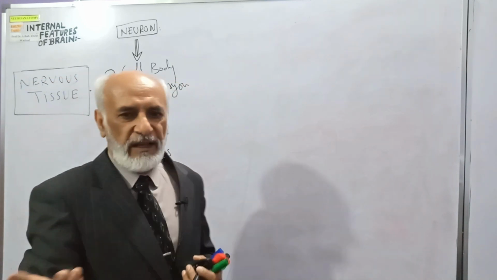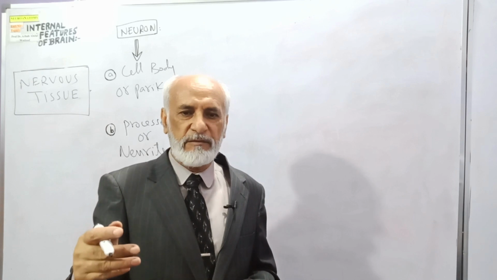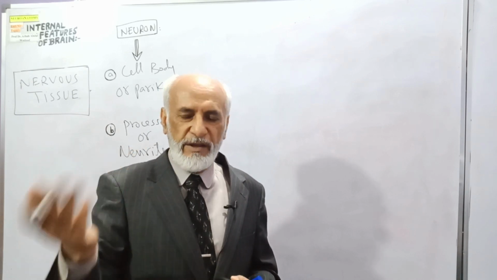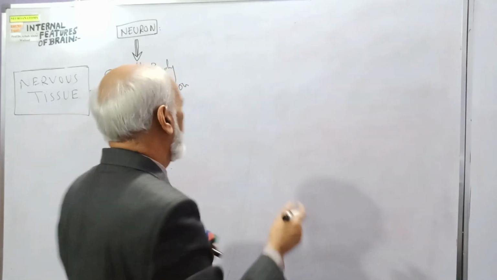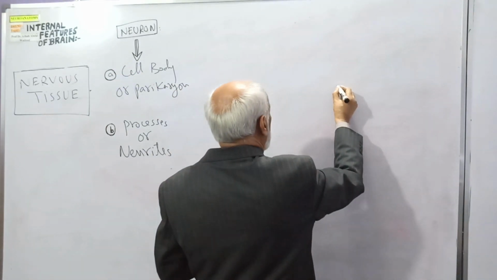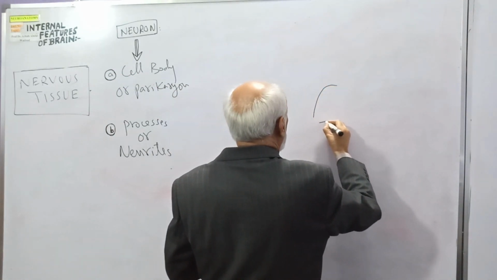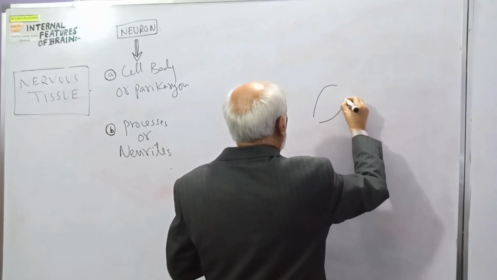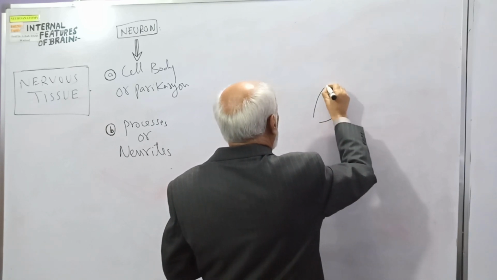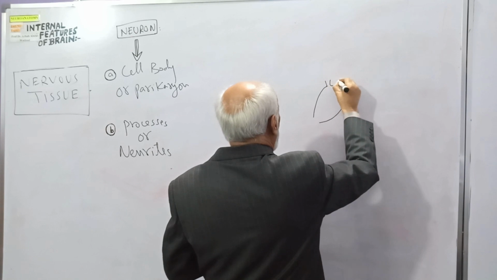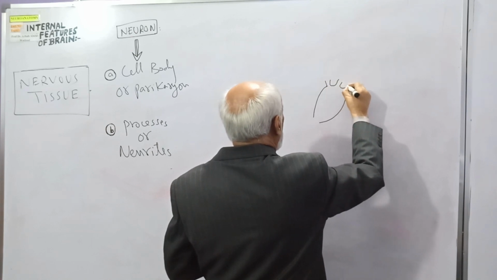It is like other cell having cell membrane, cytoplasm, nucleus inside, various cell organelles, etc. Now, as I told you, the neuron has a cell body. Outside is cell membrane, then inside is cytoplasm and cell organelles.